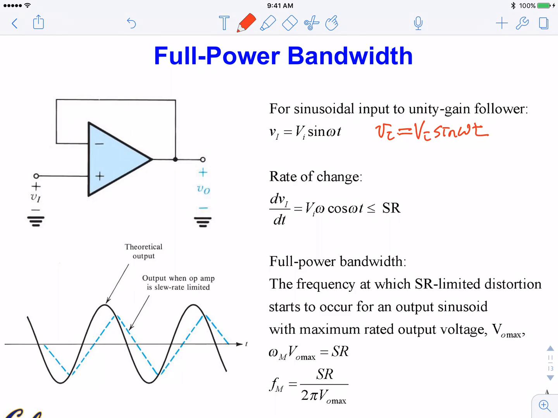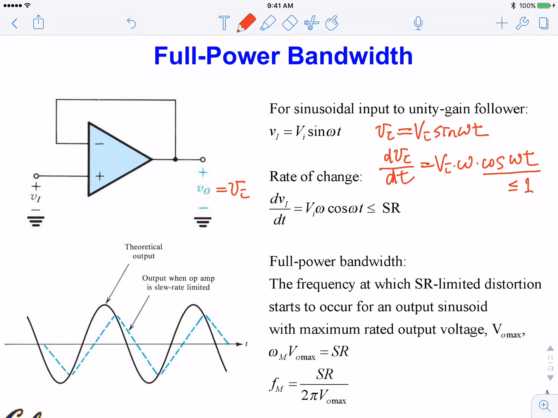For this unity gain, the output VO is equal to Vi. You can calculate the slope: dVi/dt, the derivative of sine, gives Vi times omega times cosine omega t. This cosine omega t is less than or equal to 1.